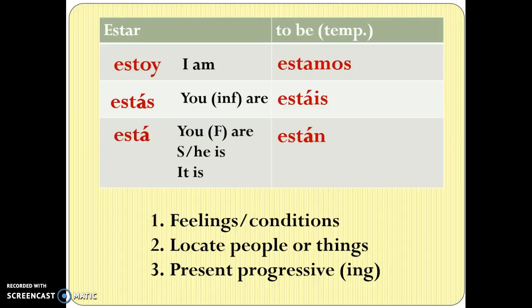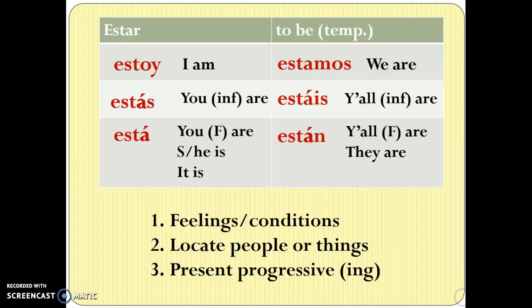Está means you, formal, are, or he or she is, or it is, if we're talking about conditions of a thing or locating a thing. The book is on the table. Estamos translates to we are, whether you use nosotros or nosotras. Estáis translates to you all, informal, are, and again, whether that's the masculine or feminine version of vosotros or vosotras.